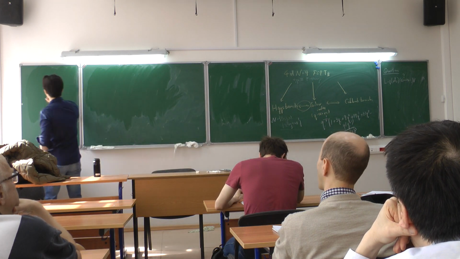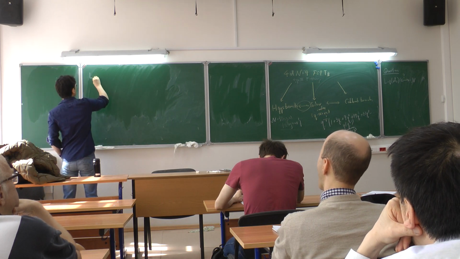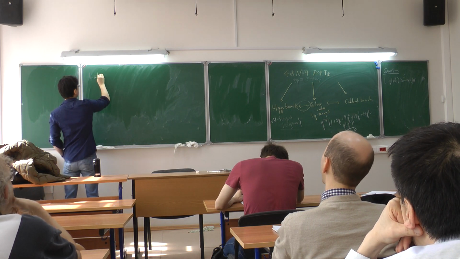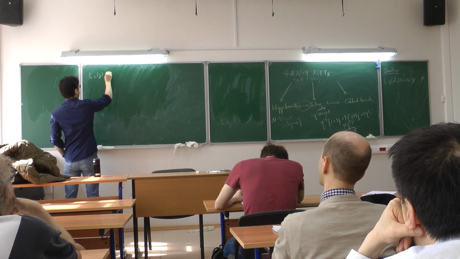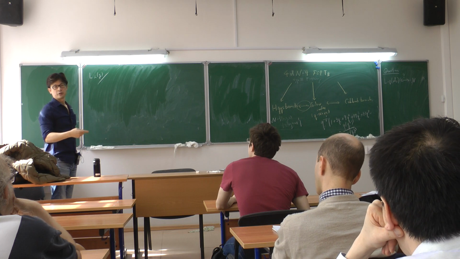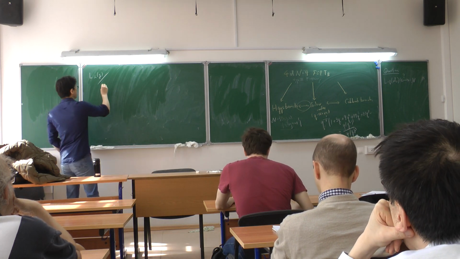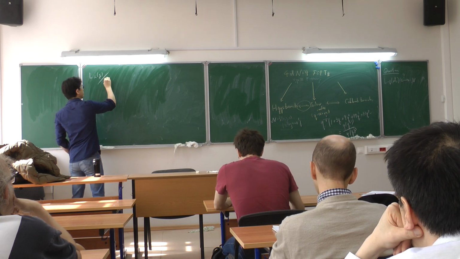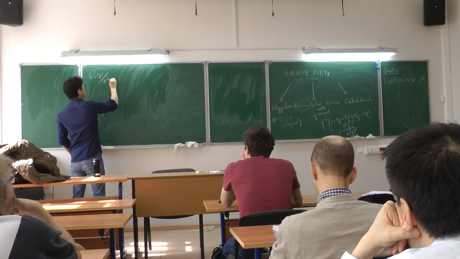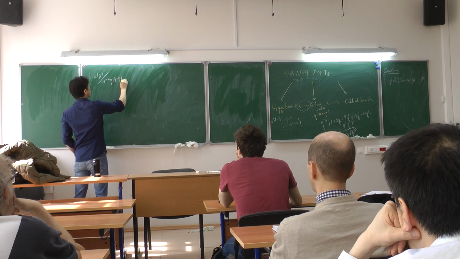So you consider this kind of quotient space. So this is a very big space. It's too big to relate to the nilpotent cone. So you want to make it smaller. So the way to make it smaller, I consider this quotient space.